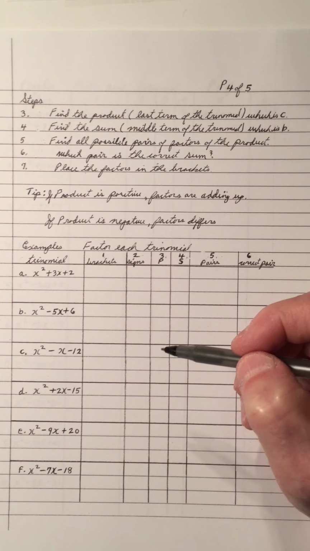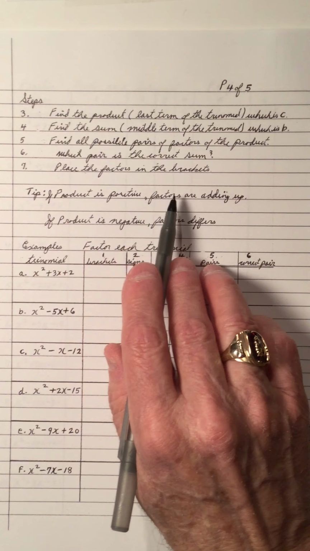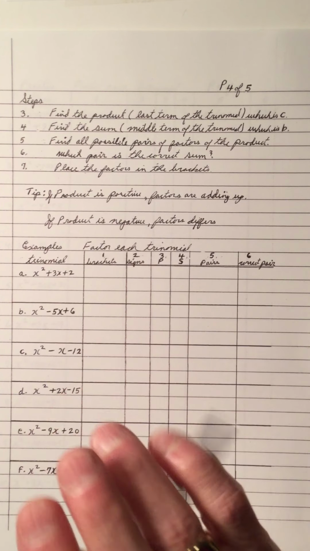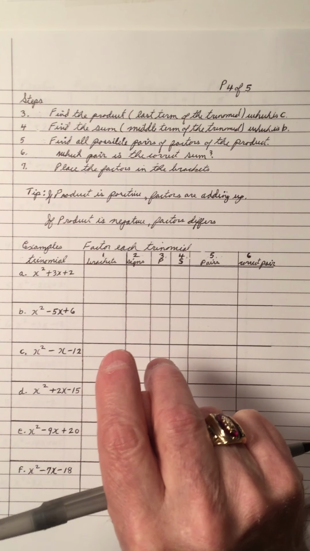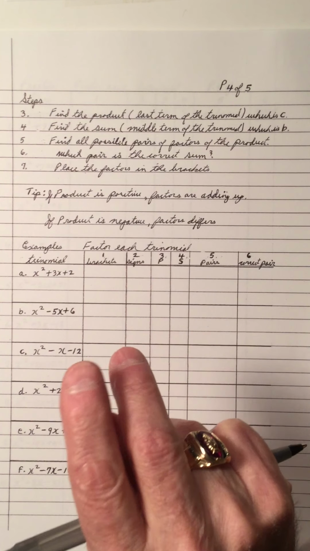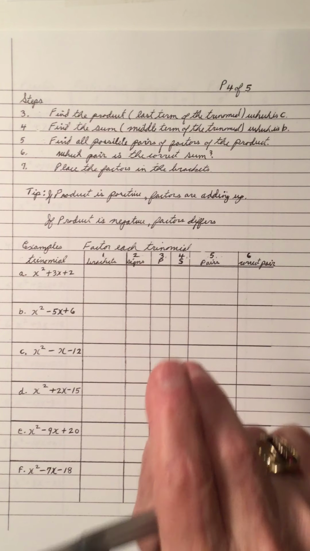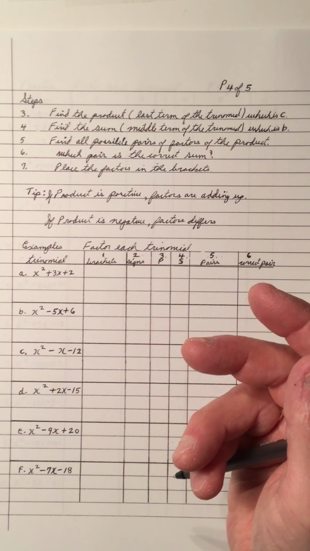A tip: if the product is positive, then the factors have to be added up. If the product is positive, you have 2 pluses or 2 minuses, which means you're going to add them together. So if you got a plus 10 and a plus 2, you'll add to get plus 12. If you got a minus 10 and a minus 2, you'll add to get minus 12.